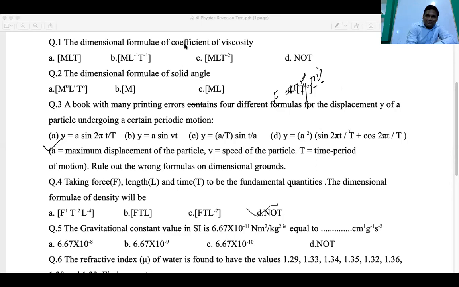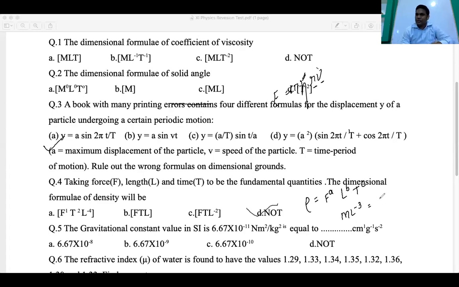Okay, so how can you solve this question? You write rho, the density, equals F to the power A, L to the power B, and T to the power C. Now write the dimensional formula of density: it is M L to the power minus 3.